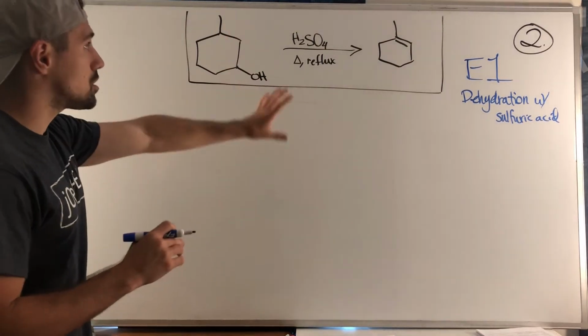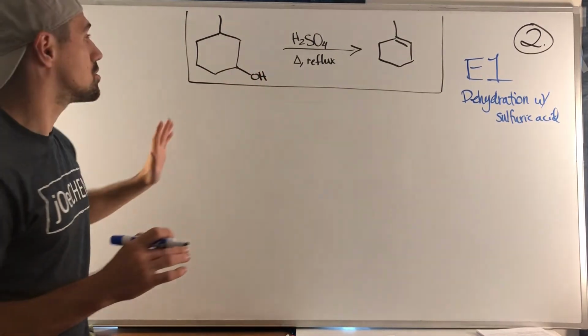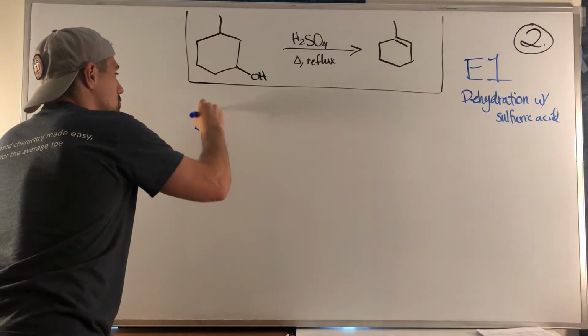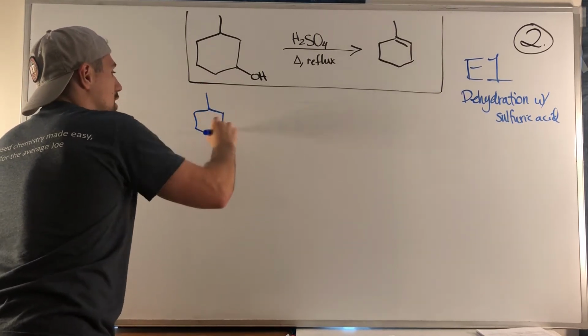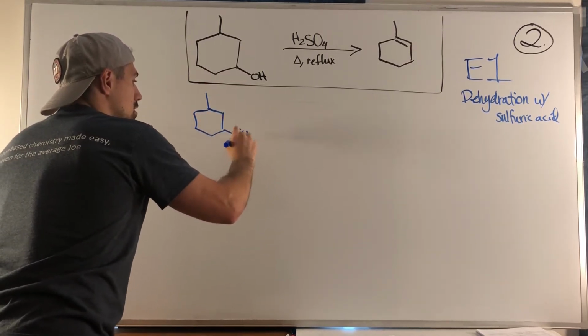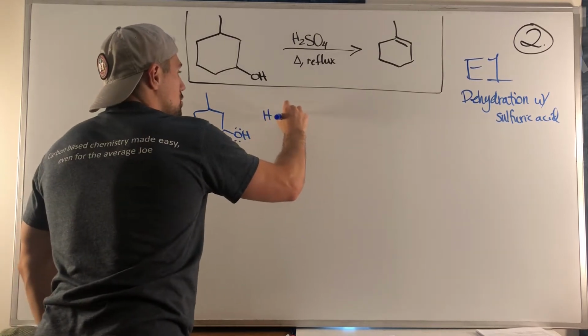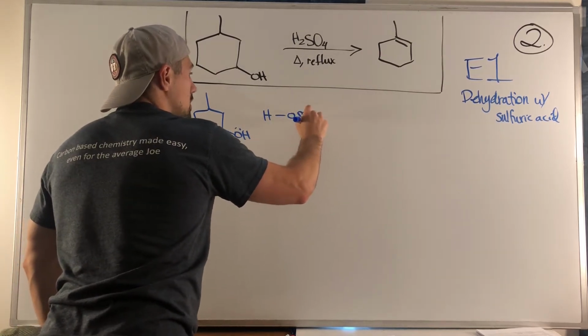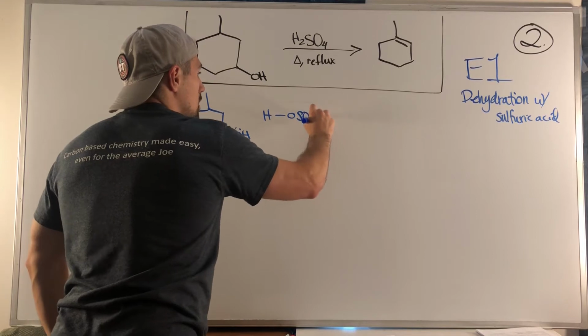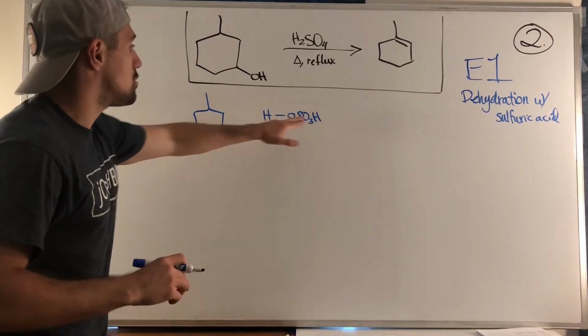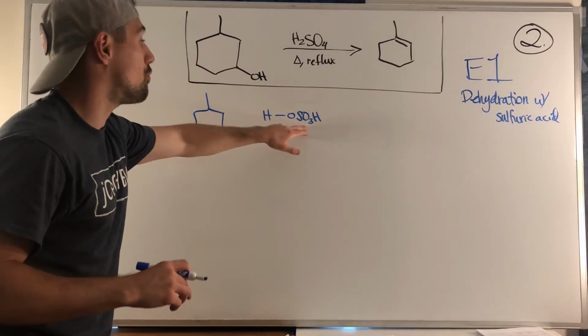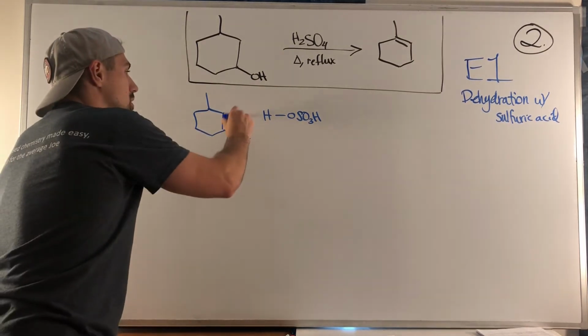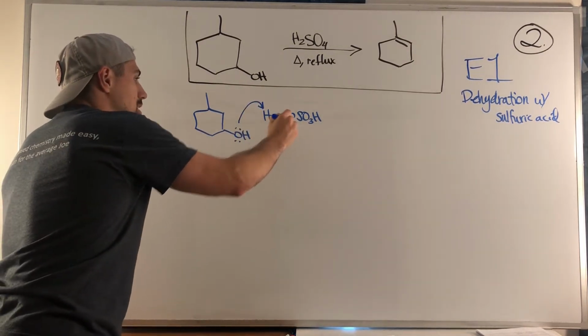So really quickly, we're going to draw the mechanism. First and foremost, we can't do solvolysis until we have a good leaving group. So the first thing we're going to do, and I like to draw sulfuric acid like this whenever I use it, so it's not super large to draw, but it's H2SO4. Okay. So we're really just doing an acid-base reaction.